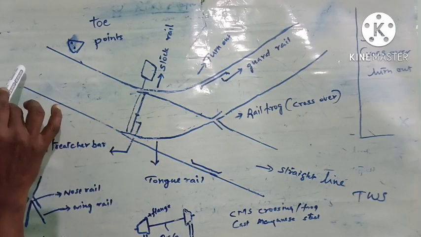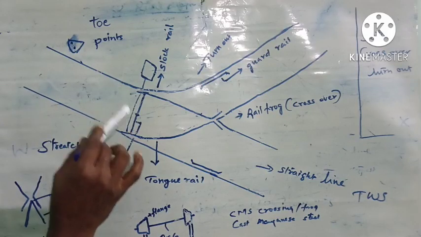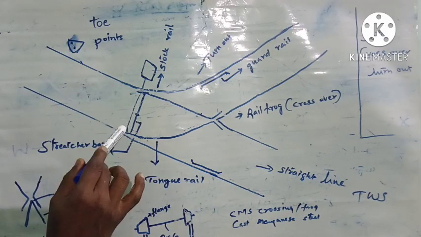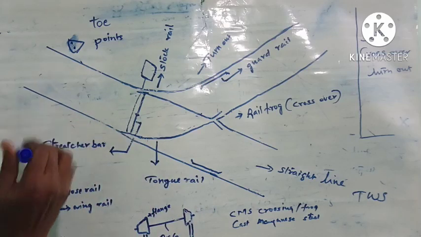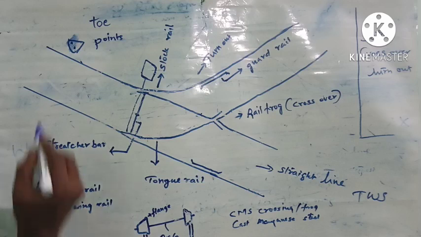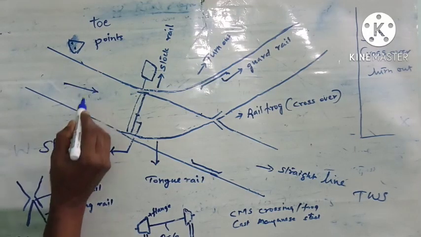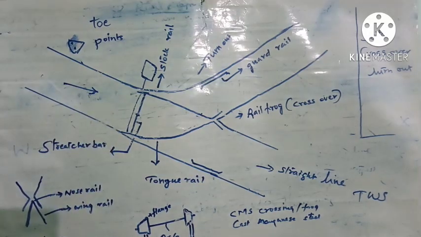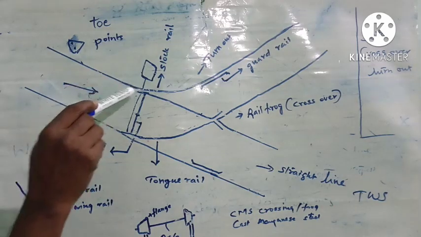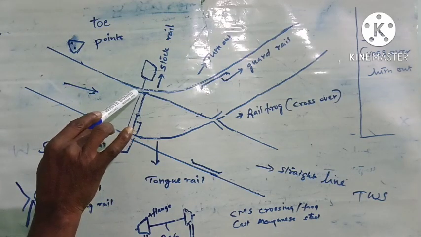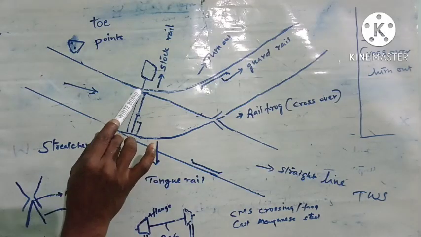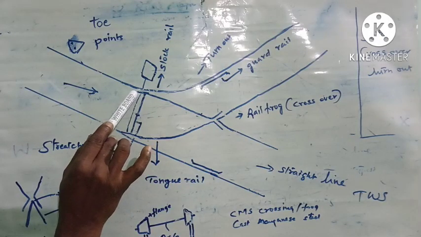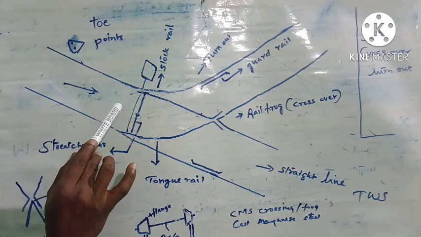Depending upon the direction of the train, a point is said to be either facing or trailing. Here, suppose a train is coming from this direction. This train will first face the toe of the tongue rails. The toe of the tongue rails is what the train will first face.